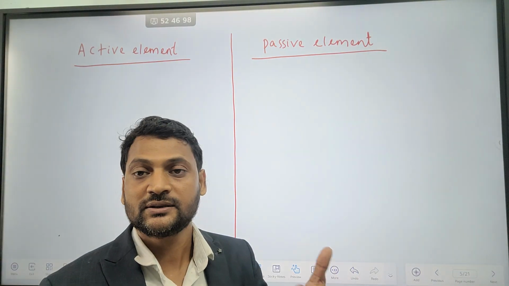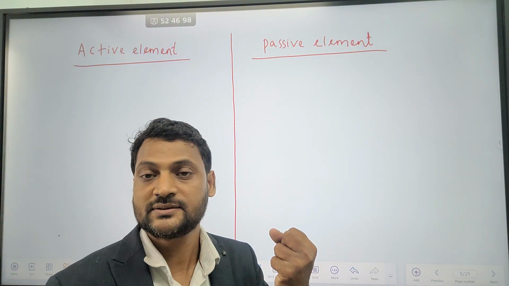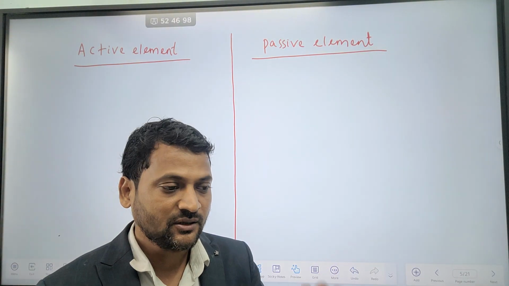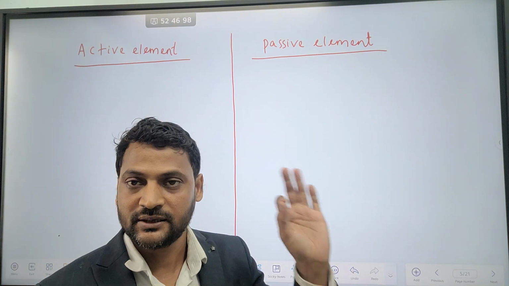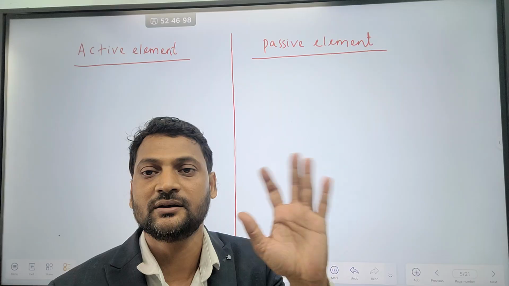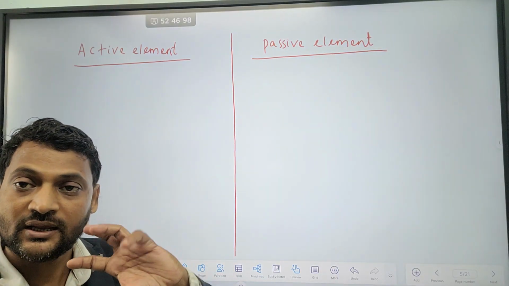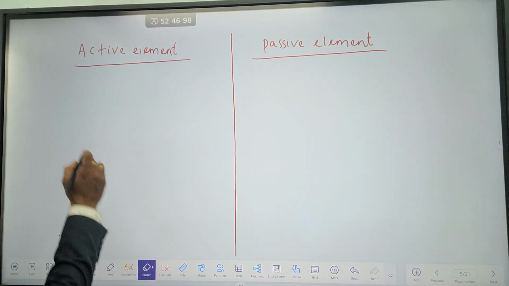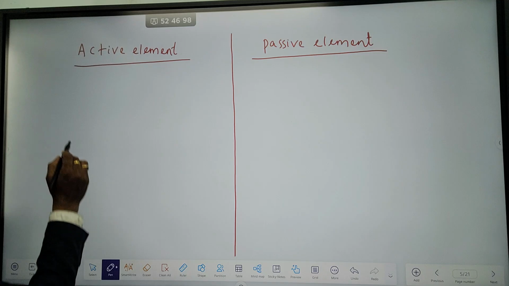Another example, you can take generator. From the generator you can get AC electrical energy. मतलब generator, battery, these are the examples of active elements which provide electrical energy to the circuit or which can energize the electrical circuit. So I'm writing the definition here.